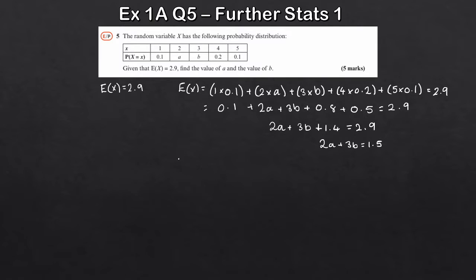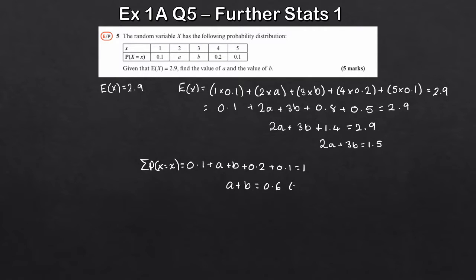So that would be 0.1 plus a plus b plus 0.2 plus 0.1 is equal to 1. So 0.1 plus 0.2 is 0.3 plus 0.1, that's 0.4, so a plus b plus 0.4 equals 1, so I'm going to take that 0.4 across to give me 0.6.